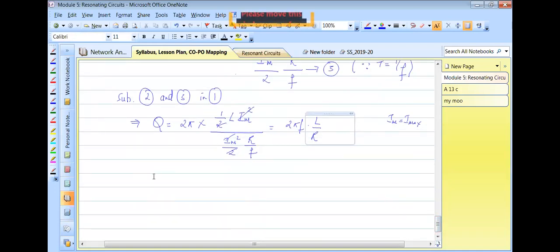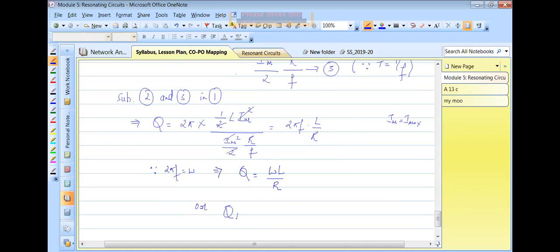So our quality factor is omega L by R. To be more precise, the quality factor of a series RL circuit is omega L by R.